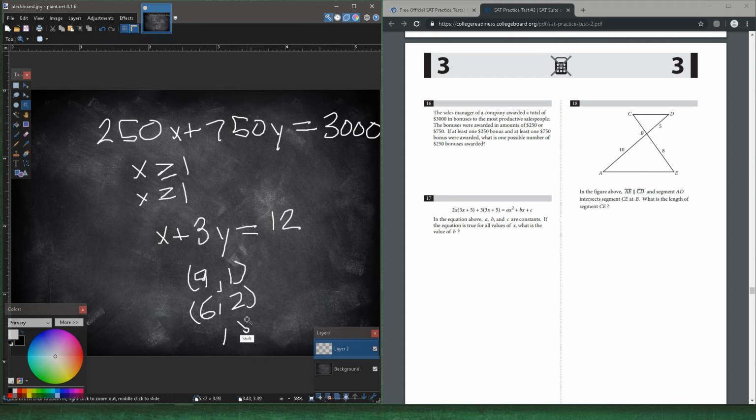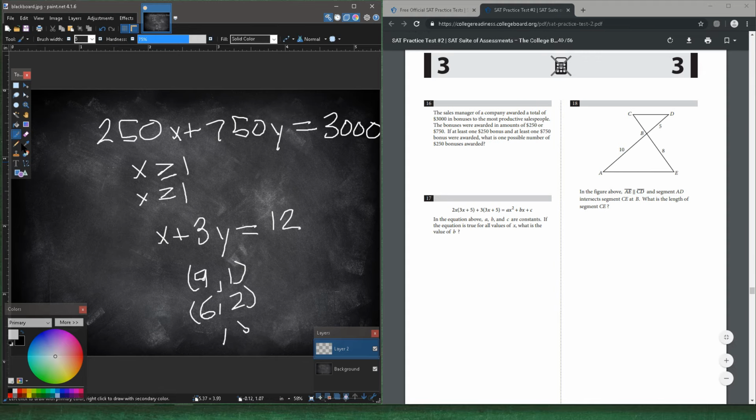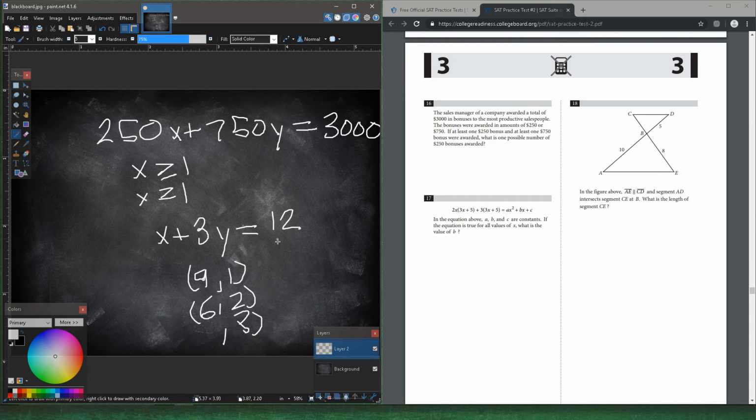So y is equal to 3. That makes 9, and that's 3. If this is 4, that's 12, and x has to be greater than or equal to 1, so this is not allowed. So these are the only possible values. So x is 3, 6, or 9.